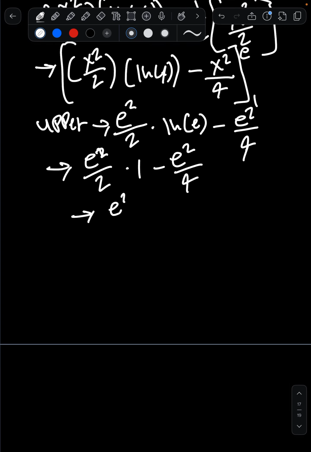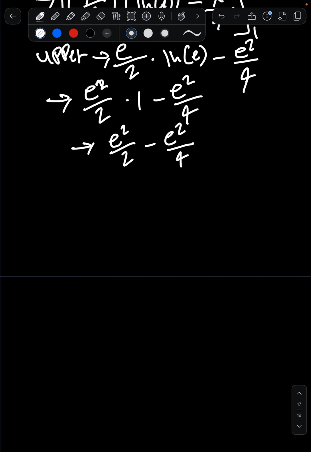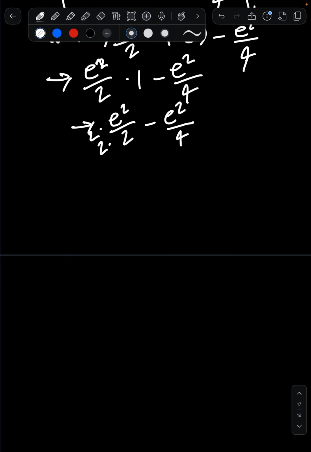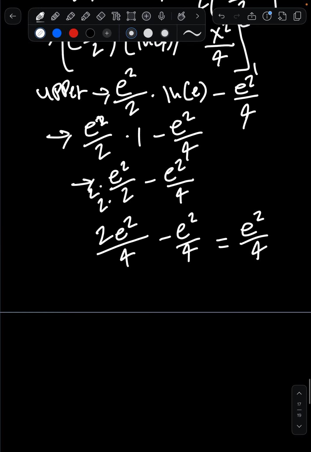And we just have e squared divided by 2 minus e squared over 4. To make this simpler, we can get a common denominator. If we multiply the top by 2 and the bottom by 2, we'll have a common denominator. 2e squared divided by 4 minus e squared divided by 4. We subtract one of the e squares and we have e squared over 4. That is the upper part.